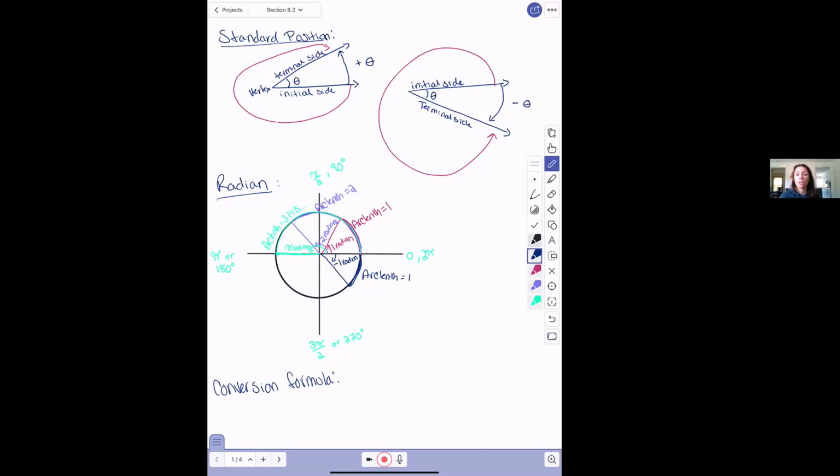Okay, the next thing that we have to know is the conversion formulas. So to go from degrees to radians, radians is equal to that value, the degree, times pi over 180.